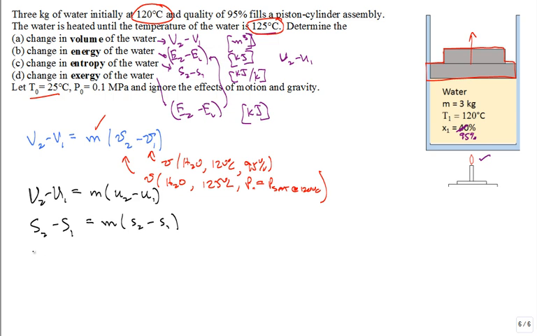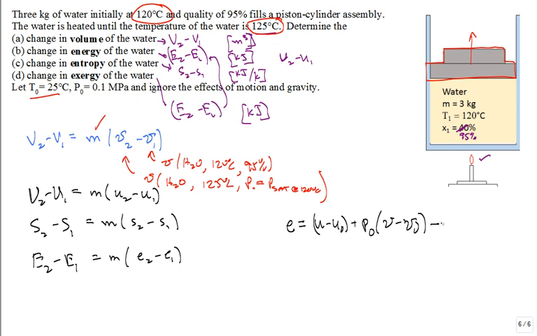Now the last one, part D. What is the change in the exergy? Is it lowercase m times E2 minus E1? Oh, I forgot what that formula is for the exergy. E is equal to U minus U naught plus P naught times V minus V naught minus T naught times S minus S naught plus KE plus PE. Now, both of those terms are negligible because we don't have any macroscopic kinetic or potential energy, right?